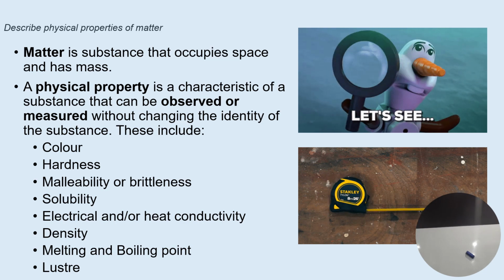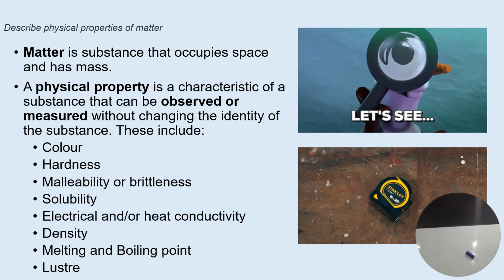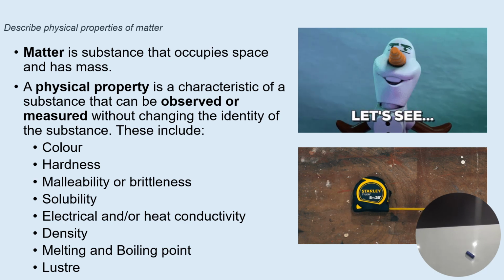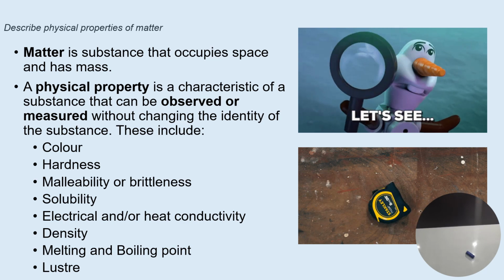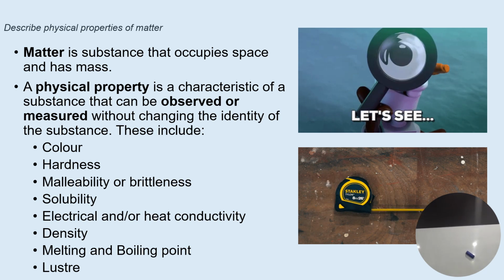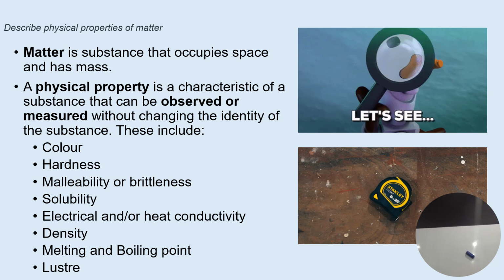A hard substance will be able to scratch a softer substance, but not the other way around. So my fingernail can't scratch this metal, but the metal could scratch my fingernail.